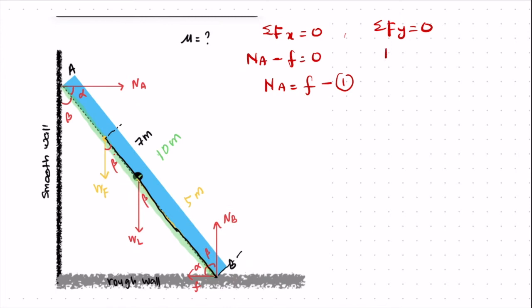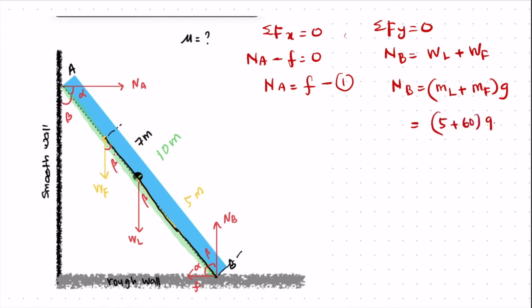Then NB is equal to WL plus WF. When we rearrange the equation, we will get this one. Then here we will find NB is ML plus MF times G. Then NB again we will get the same as before, which is 5 plus 60 times 9.81.